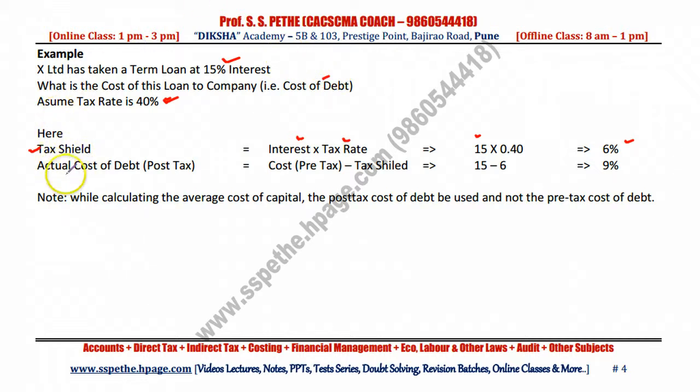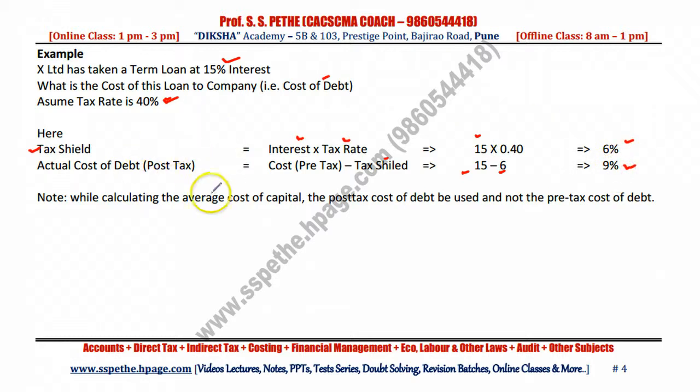Now if you want to calculate the post-tax cost of debt, that is the actual cost of debt, you just have to deduct the cost of pre-tax minus tax shield. The cost of debt pre-tax was 15% और tax shield जो आप बचा रहे हैं वो 6%. तो actual cost of debt, that is the post-tax cost of debt, is only 9%.